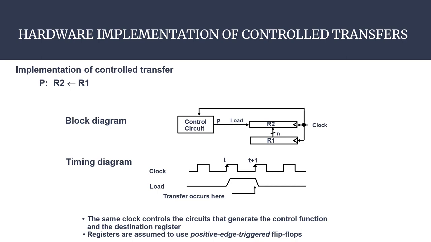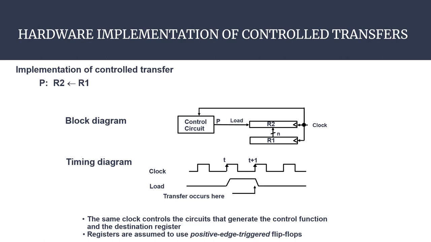Both of these two registers R1, R2 and this control circuit, all three are connected with the same clock pulse to perform the operation on the same frequency, and this control circuit is used to generate the value of P. This control circuit can have any type of digital system, digital module according to the requirement.